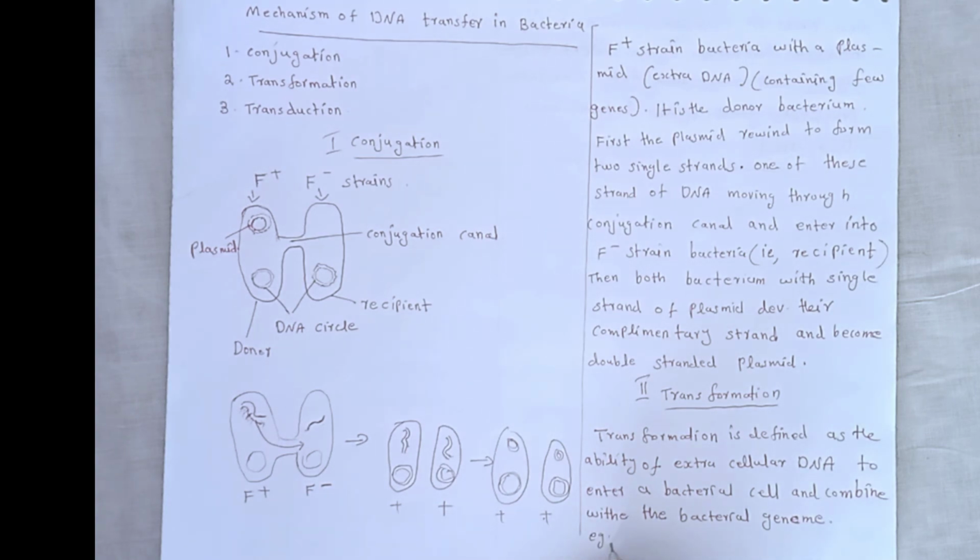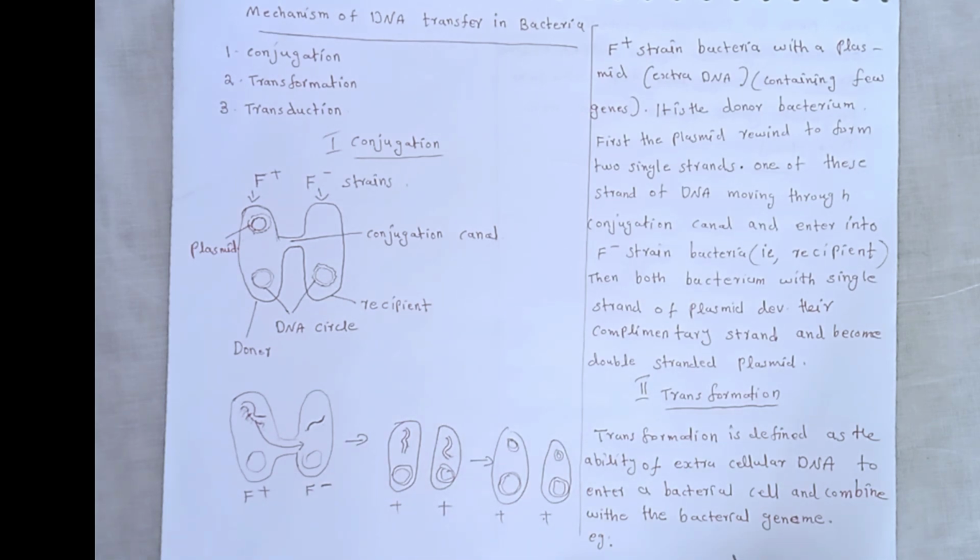Virulent Streptococcus DNA enter into non-virulent. Virulent means smooth coated Streptococcus and non-virulent is rough coated, protein coated bacterium of Streptococcus. There are two strains of Streptococcus bacterium, virulent and non-virulent. Virulent Streptococcus is fatal, that cause disease, pneumonia.